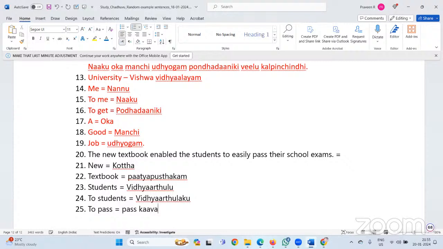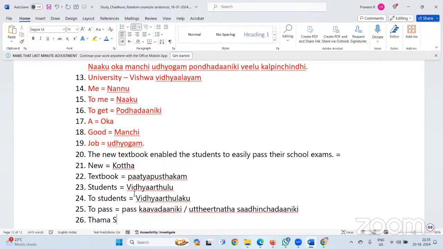People usually say like this, pass kavadaniki. But the true translation you see in the written language or newspaper, uttirnata sadhinchadaniki. Uttirnata sadhinchadaniki.